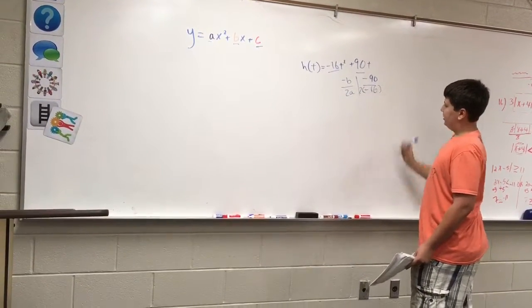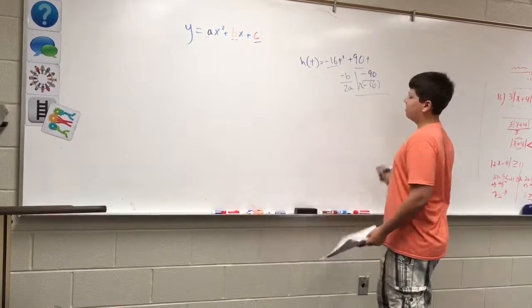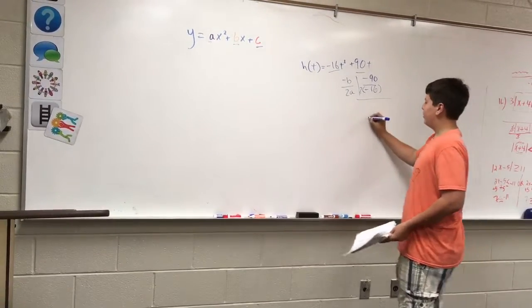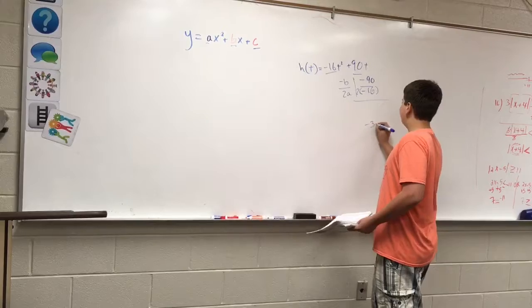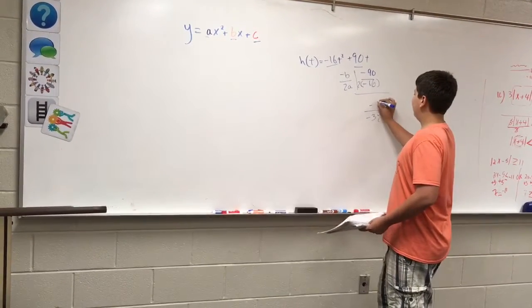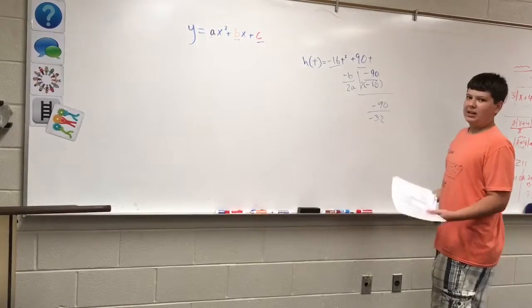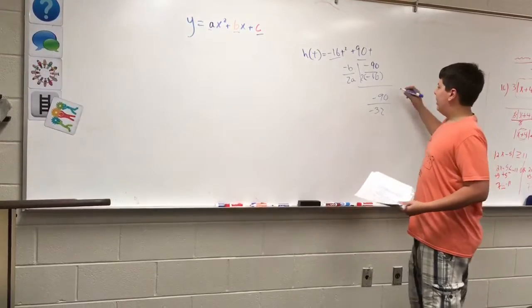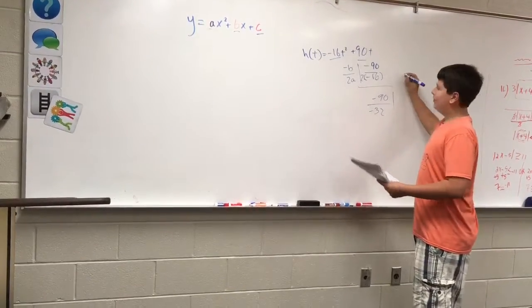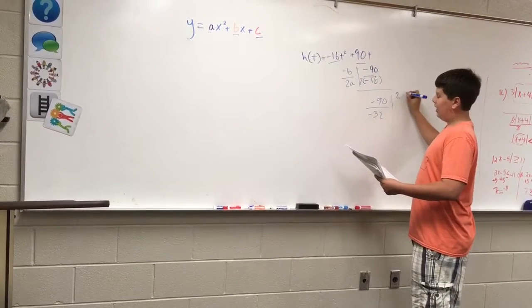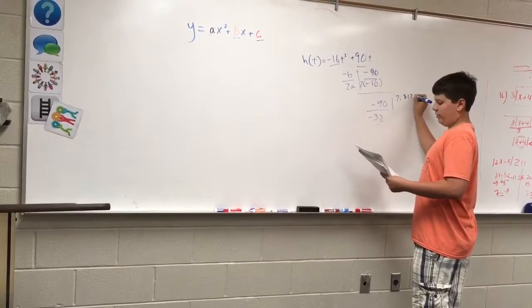Then you're just going to simplify this. Everybody knows 2 times negative 16 is negative 32, and then negative 90 on top. It turns out to be a huge fraction, but we're not going to go through that right now. But the answer is actually 2.8125.